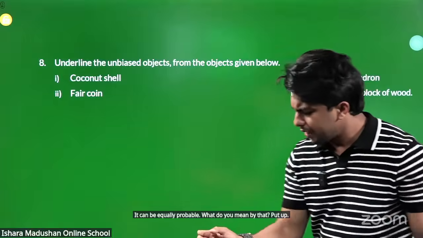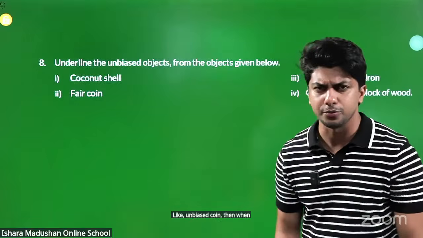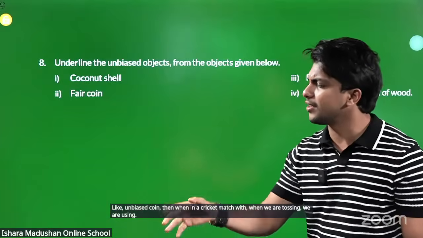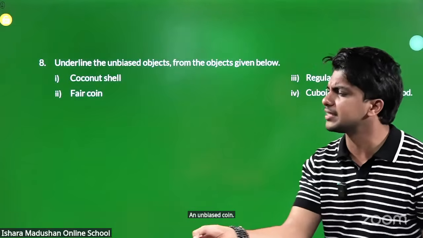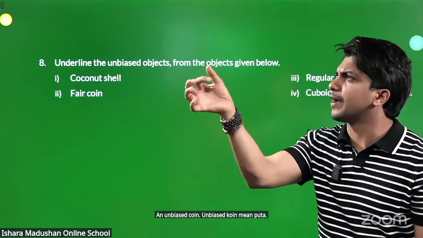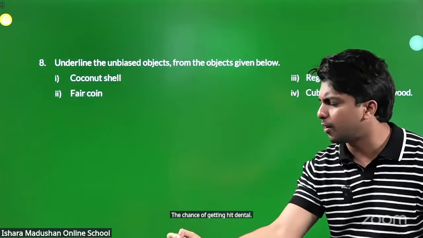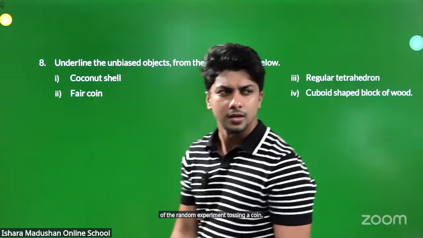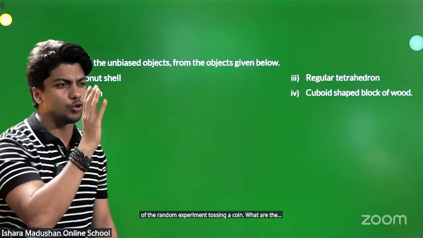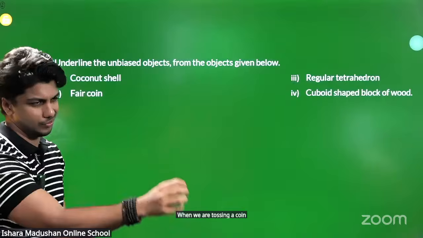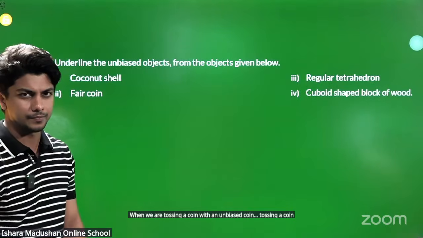Like an unbiased coin. When in a cricket match we are tossing, we are using an unbiased coin. Unbiased coin means the chance of getting head and tail are equal. What are all the probable outcomes when we are tossing an unbiased coin? Head and tail.